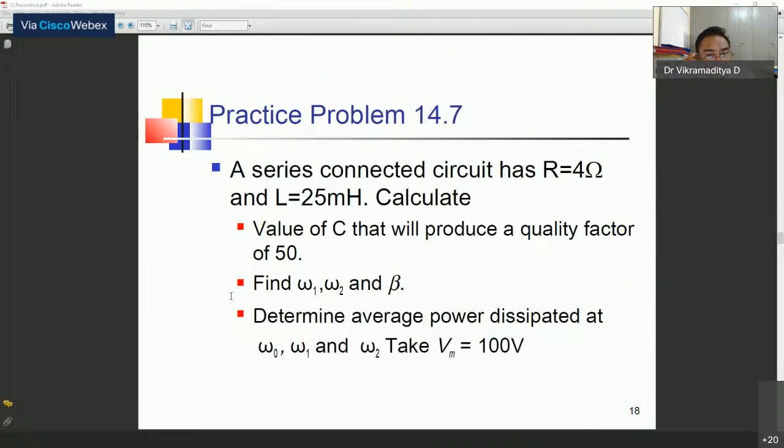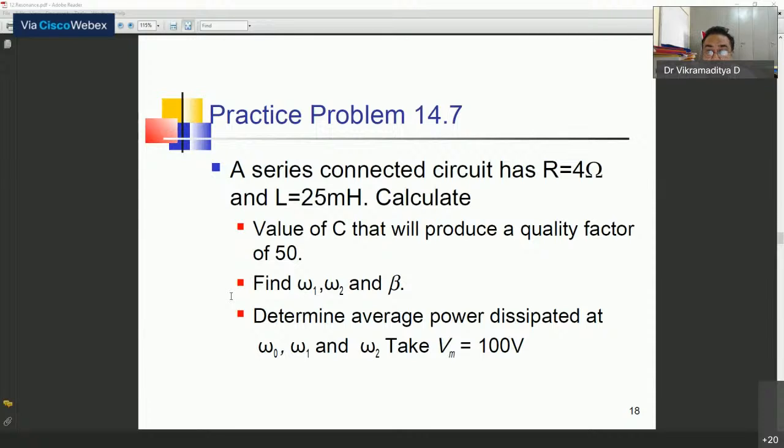Another question, with the same setup: in a series connected circuit, R is 4 ohm and L is 25 millihenry. Calculate the value of C that will produce a quality factor of 50. You have to do this because we know that the quality factor is defined as omega naught upon beta.